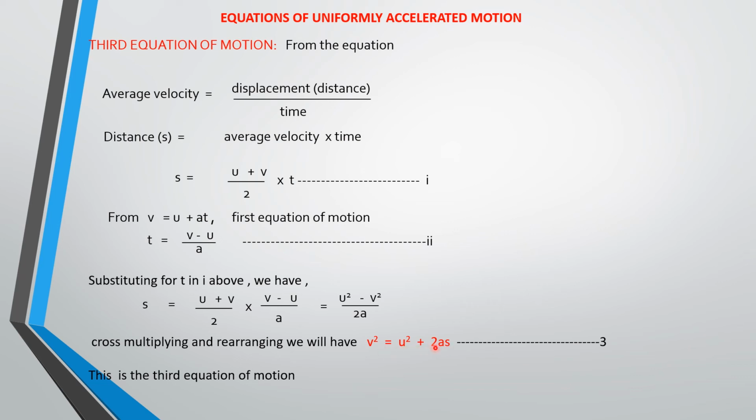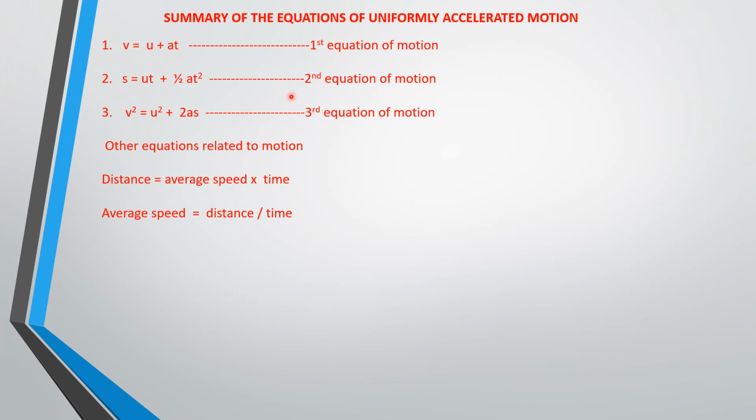So far we have discussed three equations of motion. This is a summary of what we've discussed so far. This is the first equation of motion: v is equal to u plus at. If you are given the initial velocity and acceleration, or deceleration, and you are asked to find the final velocity, and you have the time, you can use this equation.